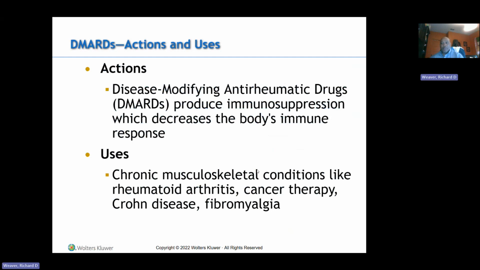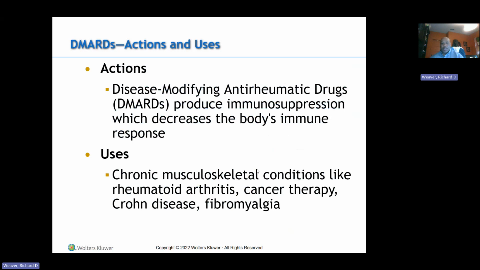All right. Now, this condition, rheumatoid arthritis, is typically treated using at least three classifications of drugs. Right. Initially, these patients may just receive NSAIDs, right? But anyway, the three drug classifications would be your NSAIDs, your corticosteroids, as well as your DMARDs.